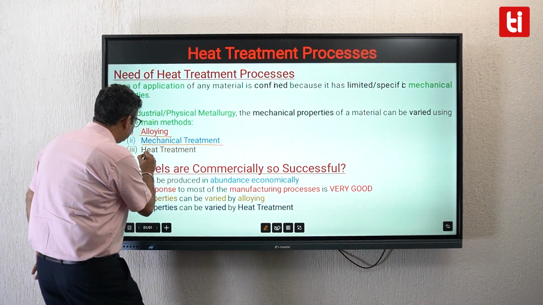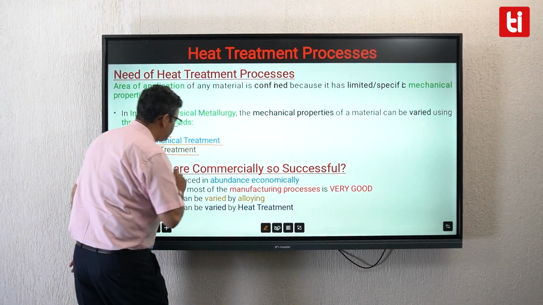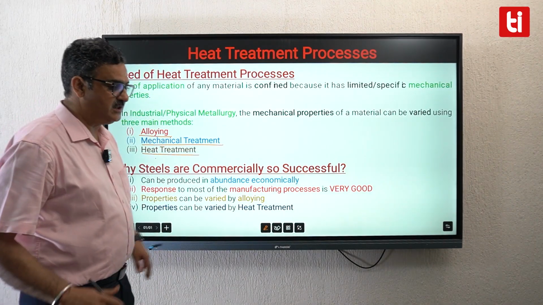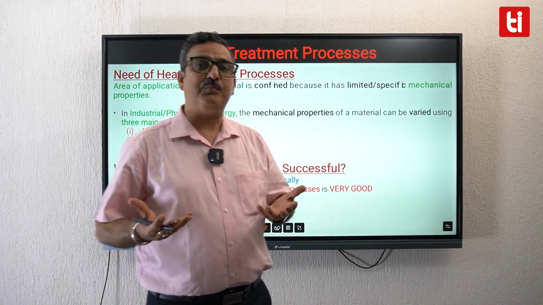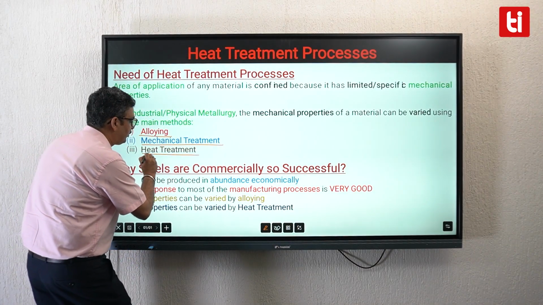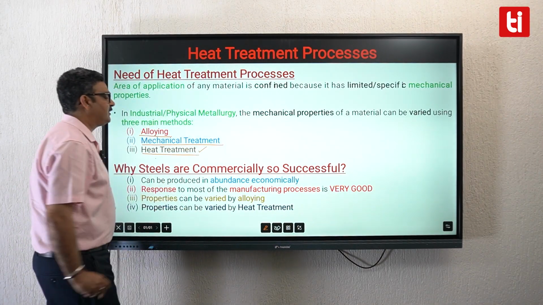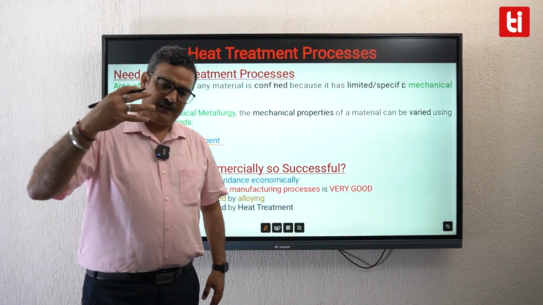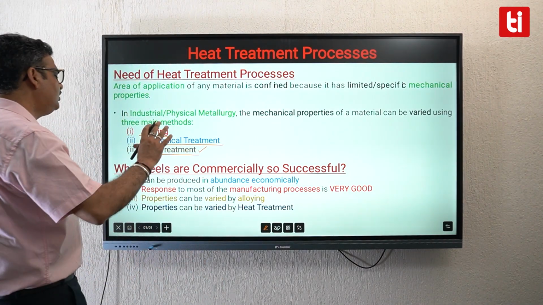And the third and final route in industrial metallurgy or physical metallurgy, how we change the mechanical properties of a material system, is through a set of processes which are called heat treatment, which is the topic of discussion in this lecture. So what did I say?